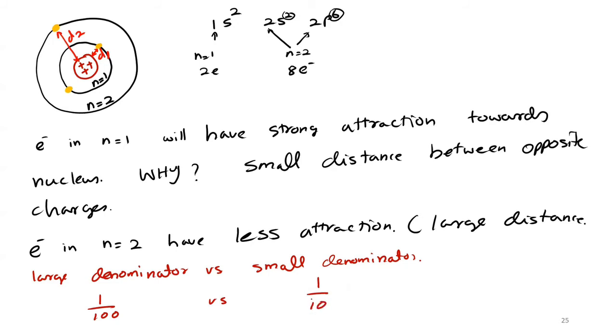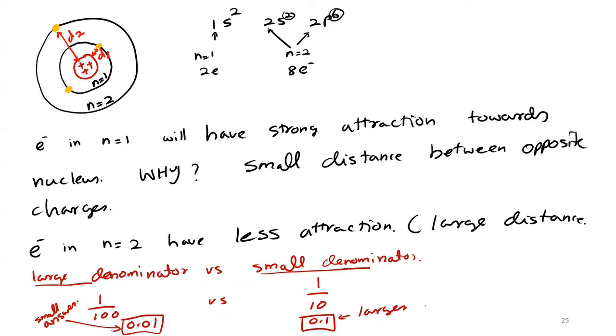Here we have 10 as a smaller denominator and 100 as the larger denominator. In the case we have a larger denominator, our actual number is much smaller. So if you have a large denominator, you end up with a small answer. If you have a small denominator, you will have a larger answer or a larger numerical value.